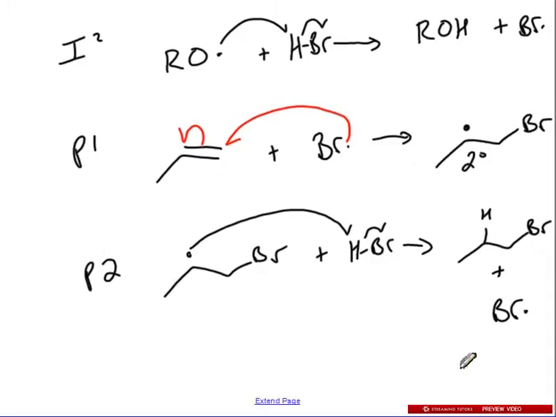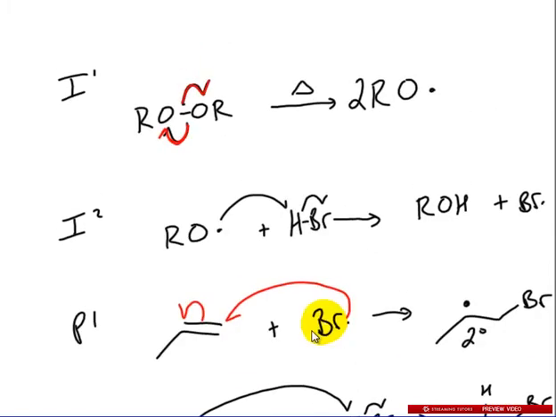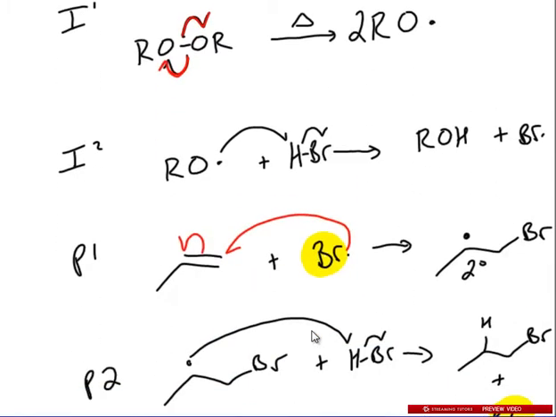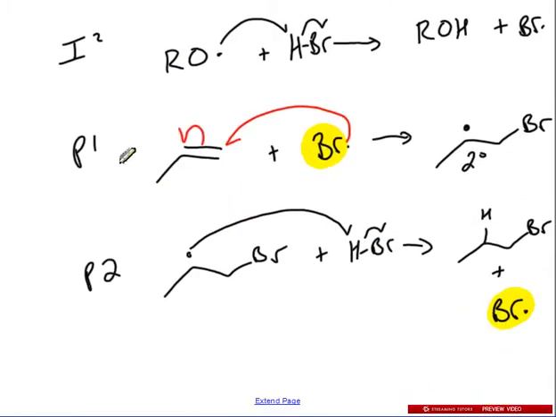And now I'm ready to take this radical and put it back into P1 and go through this over and over and over again. So you see how I did that? It's very important that you see that logic. Your P1 ends with something that you drop down into P2, and then P2 ends with what you want to drop back up to P1. And that's how I figured out to use HBr, because that'll give me a Br radical.